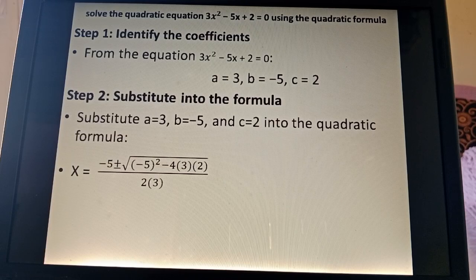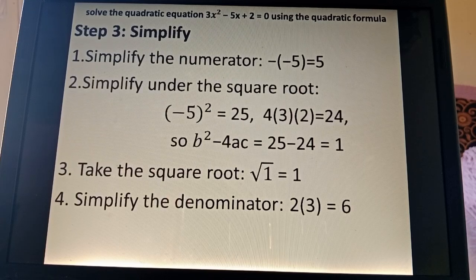After replacing a, b, and c in the formula. Step 3, simplify the numerator. That part which is negative 5 becomes 5 because negative times negative is positive. Simplify under the square root.